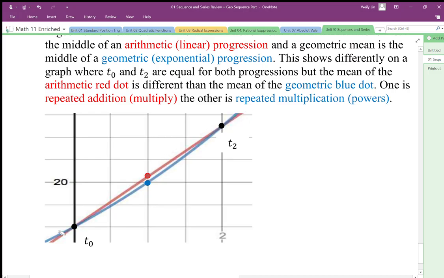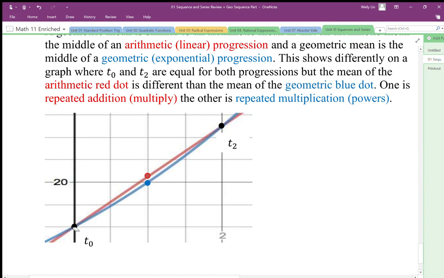A geometric progression is exponential, and it's a curved line. So we can see that finding the middle of a geometric progression is slightly different than finding the middle of an arithmetic progression. This is to do with adding the outsides and dividing by 2 to find the middle. To find that blue line, and it's curved because it's not a linear progression.